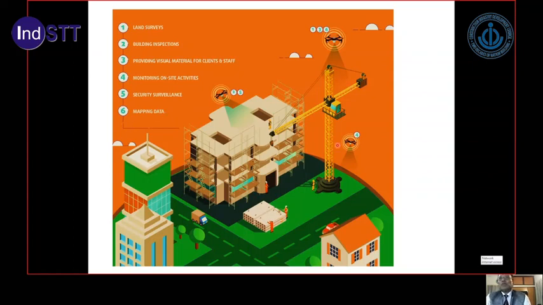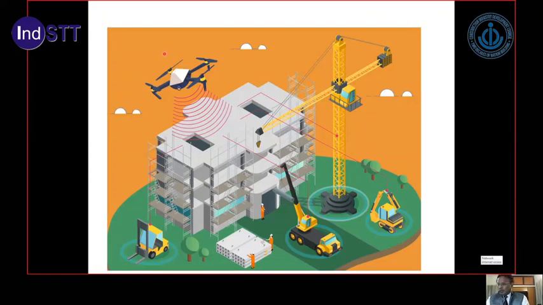So you can see that at different heights, the drones are continuously helping the construction engineers, planners and managers. So these are all the applications of the drone in the construction industry. It is collecting very useful data and providing it to the contractor or to the engineer.